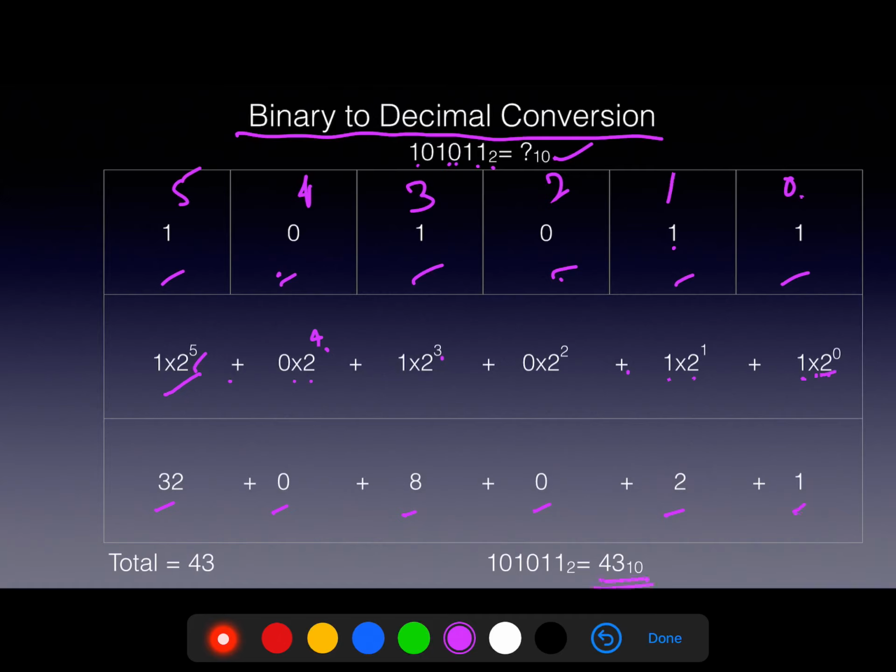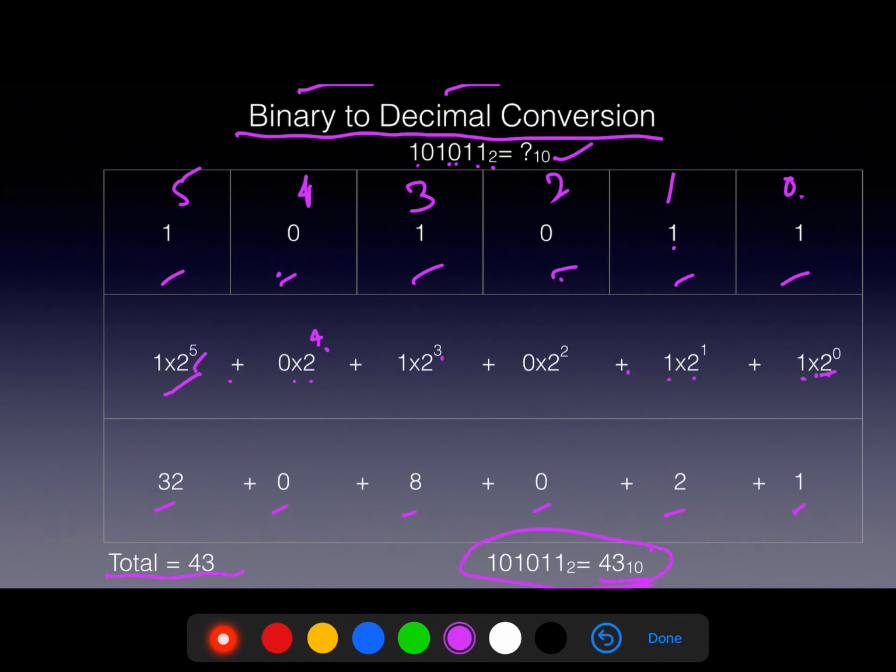As you can see, in the previous example we converted a decimal number to binary. Here we have converted binary to decimal and we have got the same answer again.